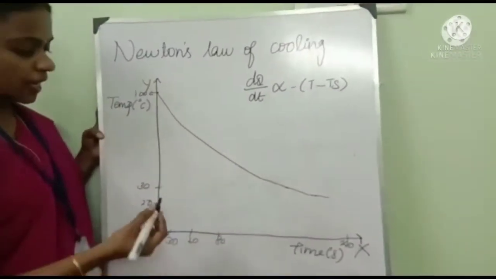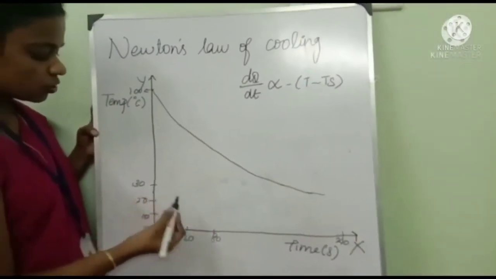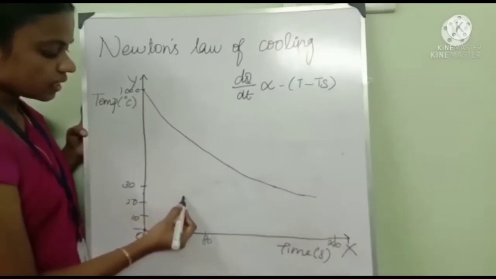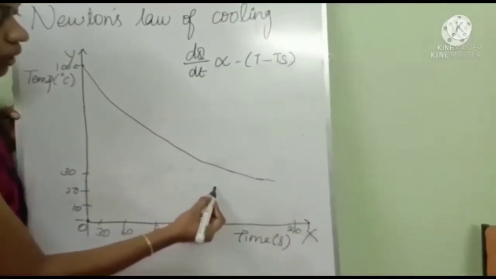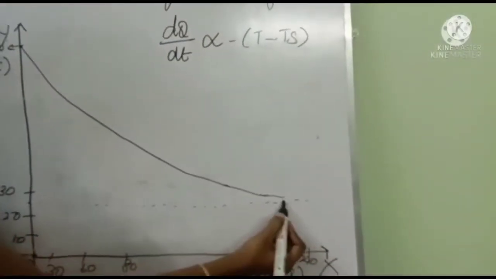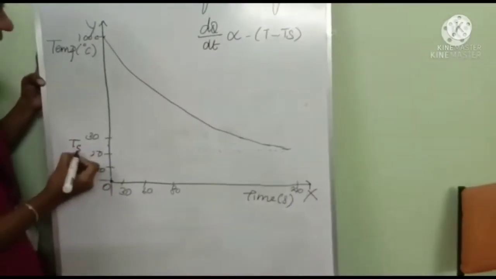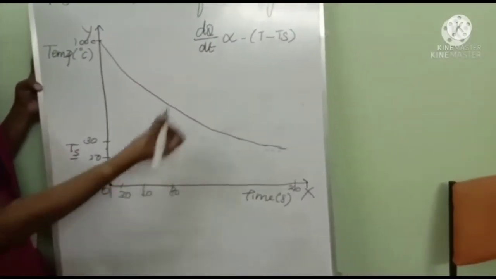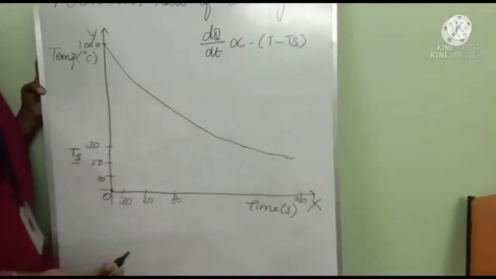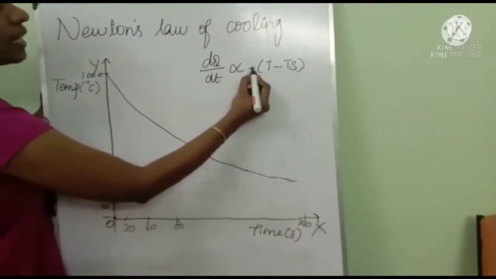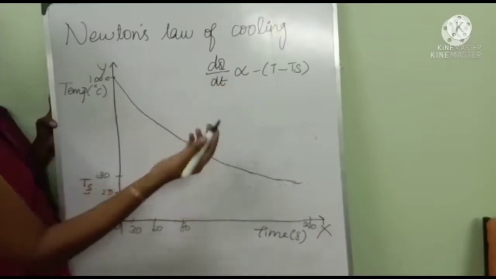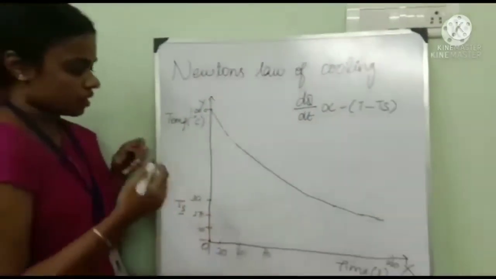Room temperature varies from 28 degrees Celsius to 32. For instance, let us consider the room temperature to be 28 degrees Celsius. This is Ts, the room temperature or the temperature of the surroundings. So this implies this law, and the negative sign indicates the amount of heat which is lost as time passes.